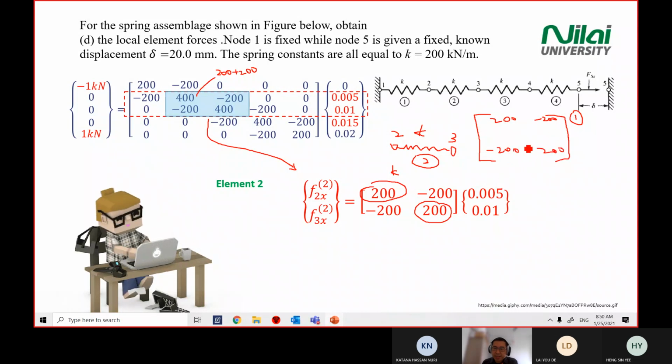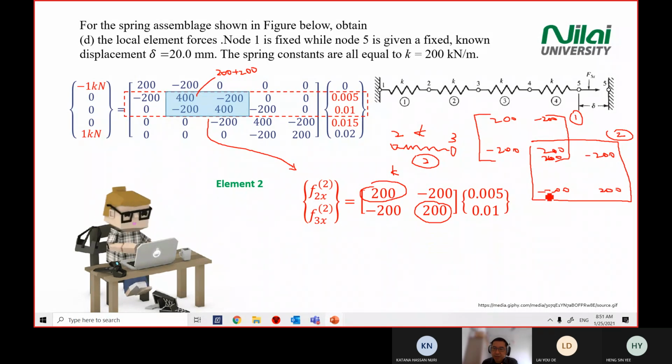When you overlap it with element 2, you have 200 here, 200 here, and so on. But if we look at element 2 only, we have 200, negative 200, negative 200, 200.